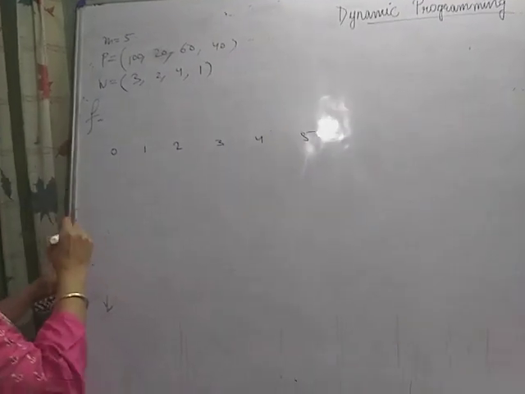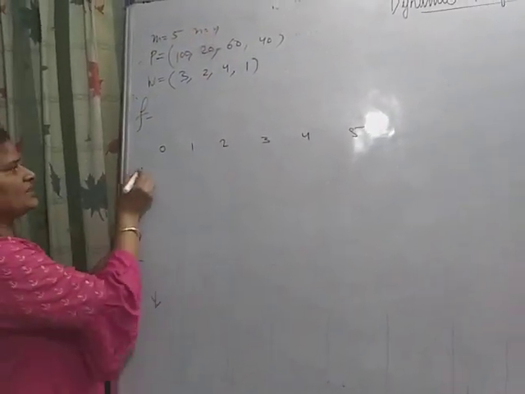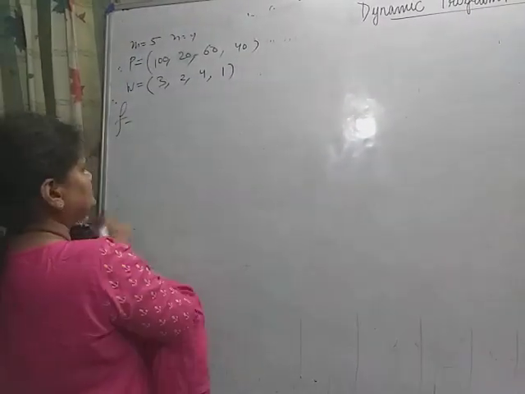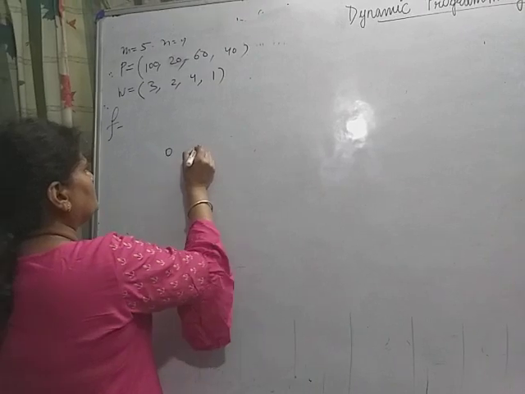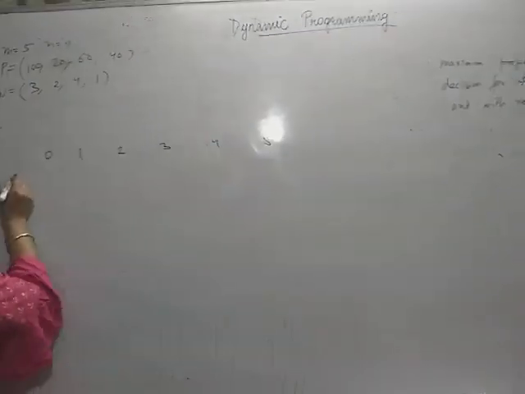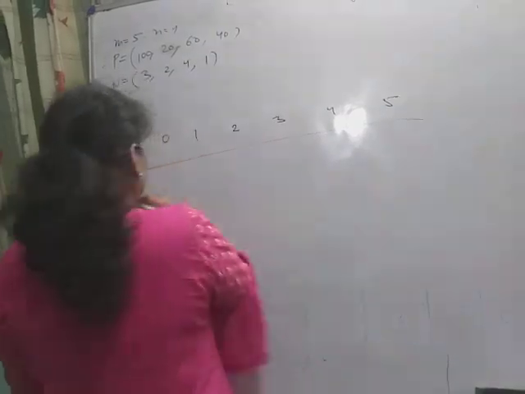How many rows? Here n equal to 4, so n plus 1 rows: 0, 1, 2, 3, 4. First you create this table.